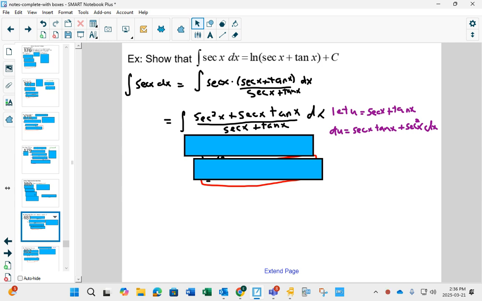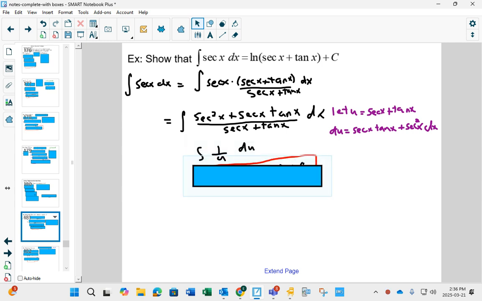I sometimes think people did derivatives, found things like this, and then contrived integrals to be like, ooh, isn't that cool that that works? Because then this just simplifies to 1 over u du. Super easy integral.